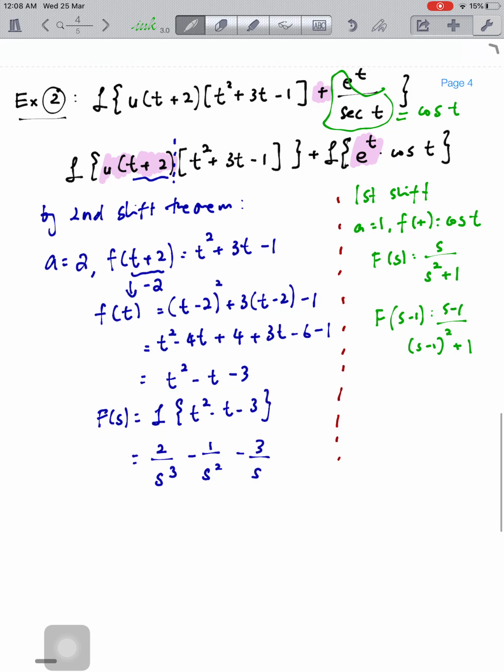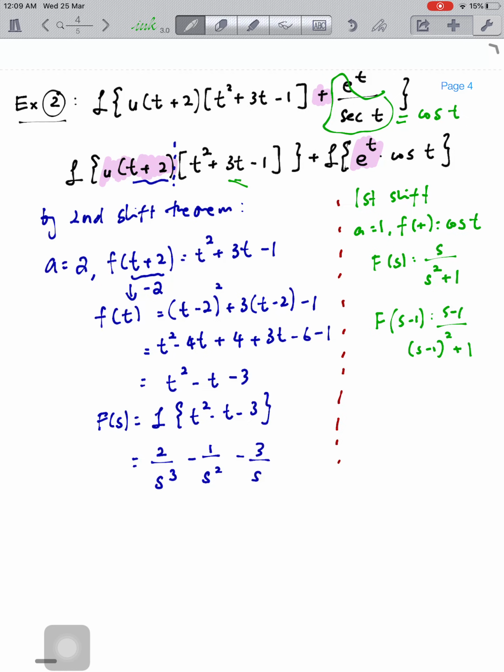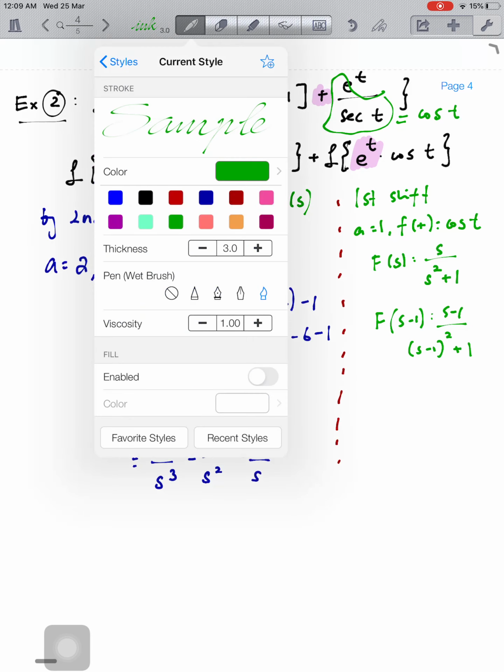And remember for this one over here, this is not the end yet. At the end, according to the theorem, this is going to equal exponential of positive 2s multiplied by f of s. I'm going to write them together, and I put together all the answer right here.